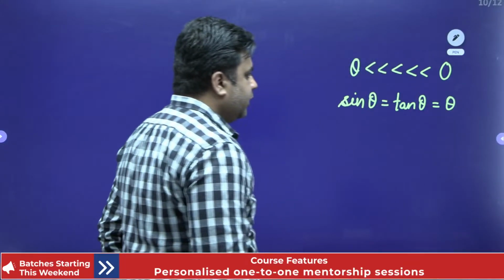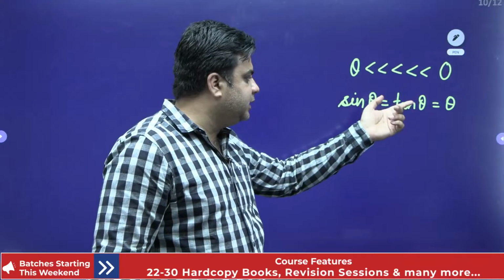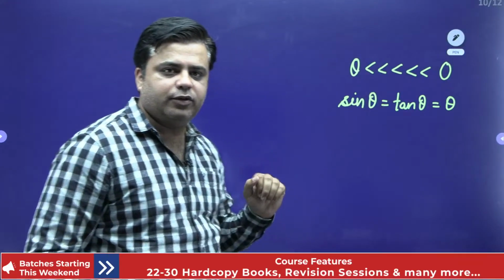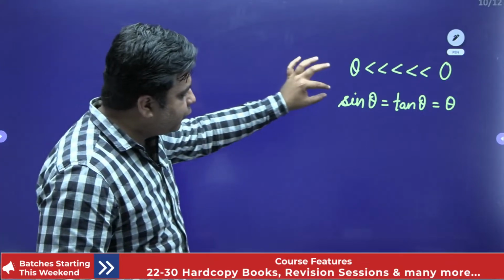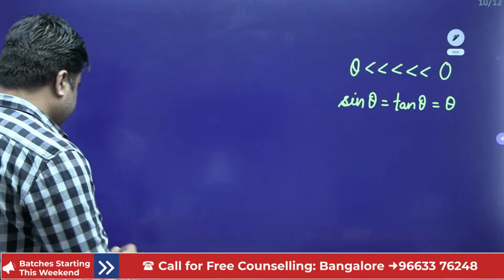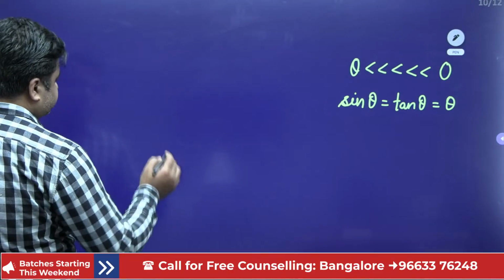Now how does this come? This is the main agenda why we are discussing this graph theory. So first of all, let's see the graph of sine theta and tan theta, and I'll draw the graph of all these things.